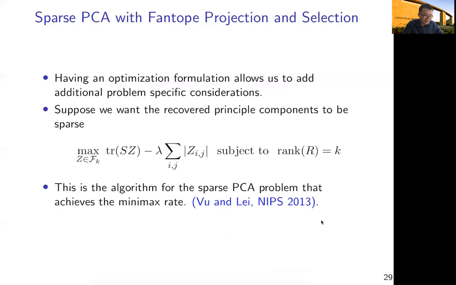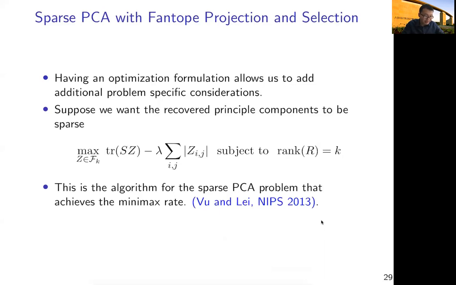And sparse PCA, the first algorithm that achieves the minimax rate for the problem of sparse PCA, without going into detail what that problem is, is actually adapted from the convex optimization formulation of PCA itself.